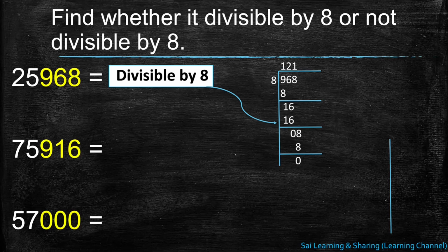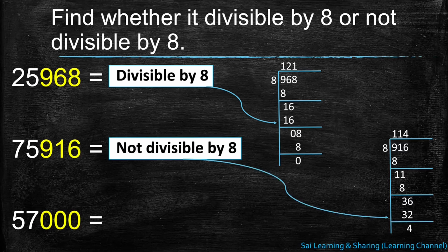The second one, 75,916. It is not divisible by 8 because when we divide 916 by 8, we get the remainder as 4. Hence it is not 0, so it is not divisible by 8. The last question, 57,000.